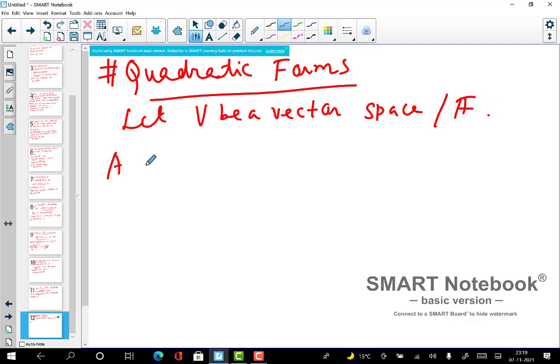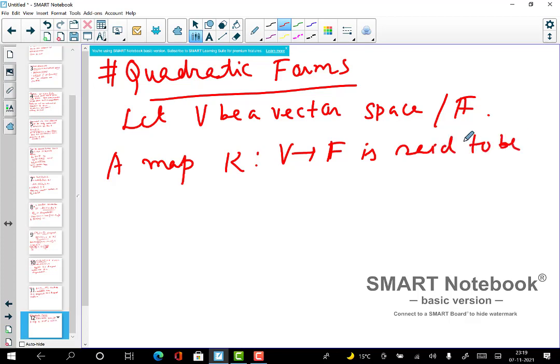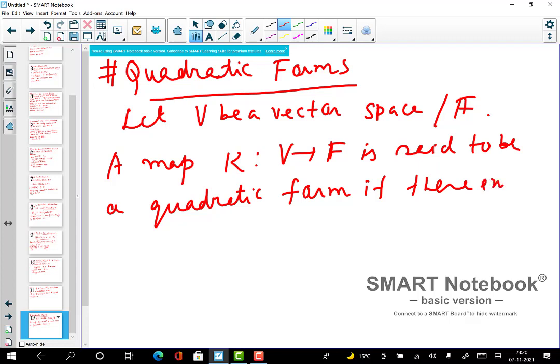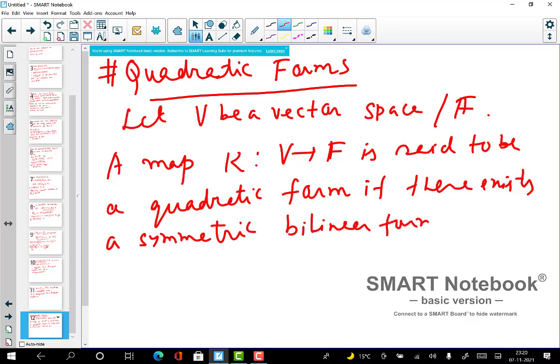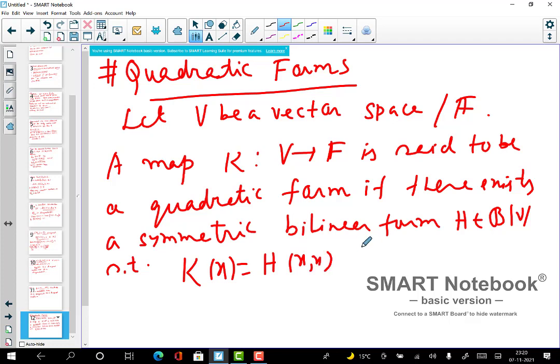A map K from V to F is said to be a quadratic form if there exists a symmetric bilinear form H belonging to B(V) such that K of x is H of x, x for all vectors x belonging to V. Then we say that K is a quadratic form.